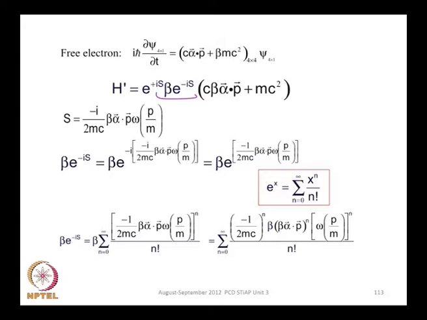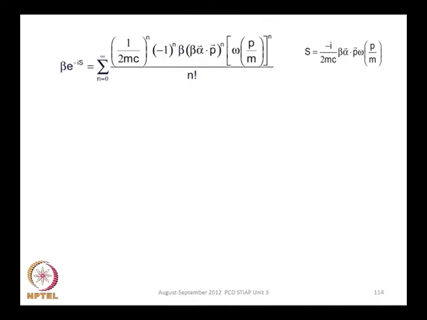So let us have a look at this expression now. So you have minus 1 to the n here, this is your transformation operator S.